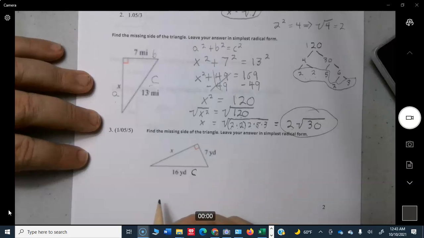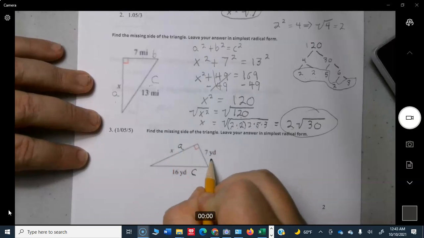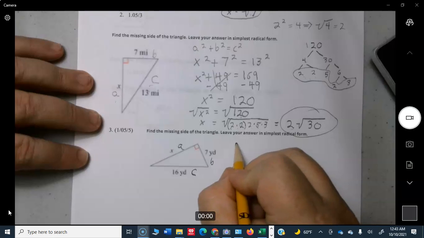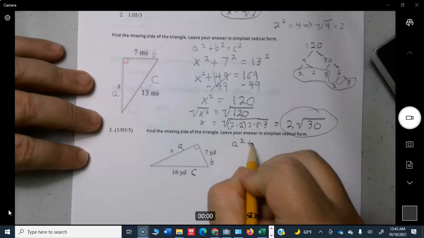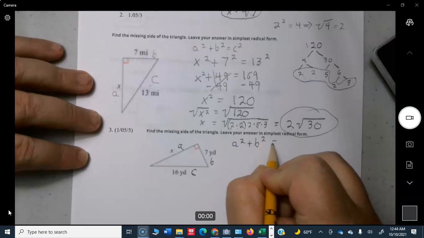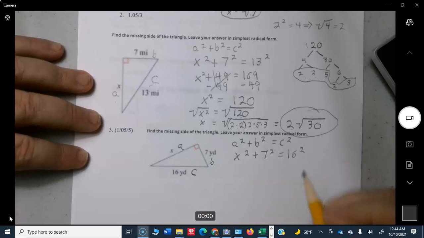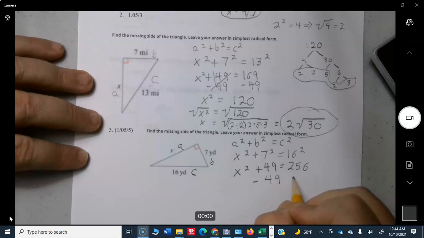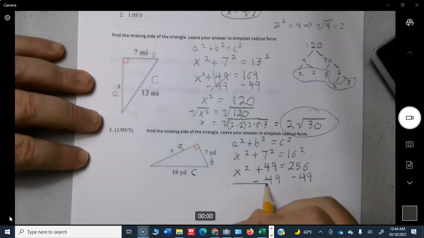This is C, it's the hypotenuse. We'll call this A, we'll call this B. So a squared plus b squared equals c squared. Okay, we're going to subtract 49 from both sides. Okay, and on this side it just goes away.